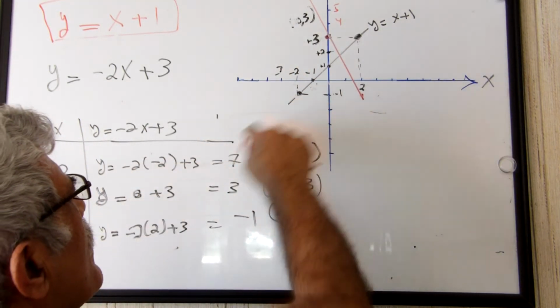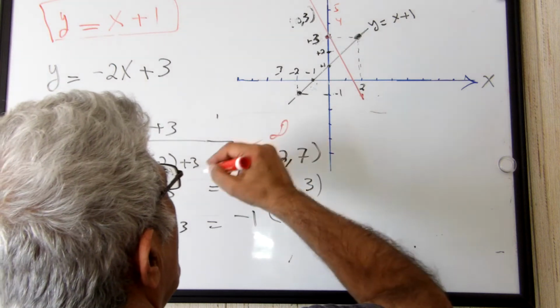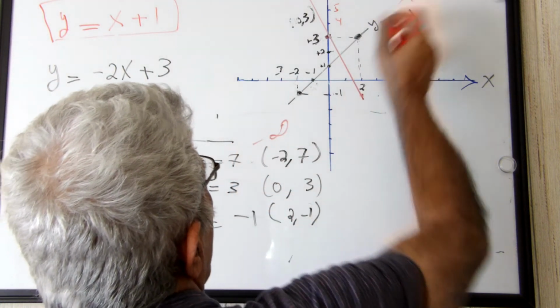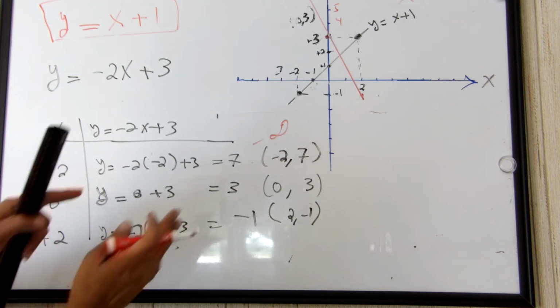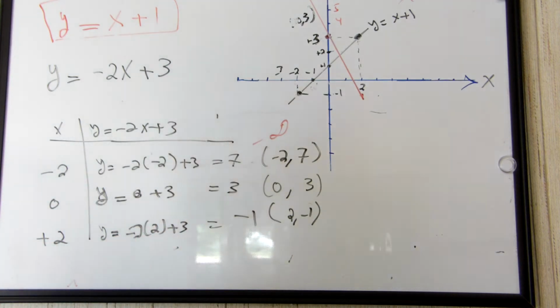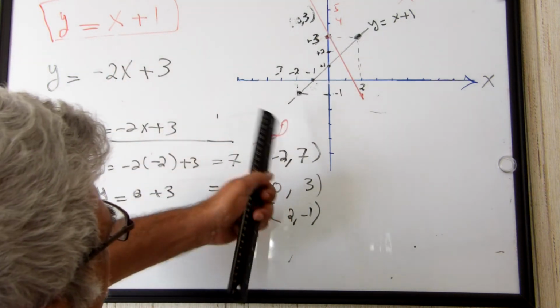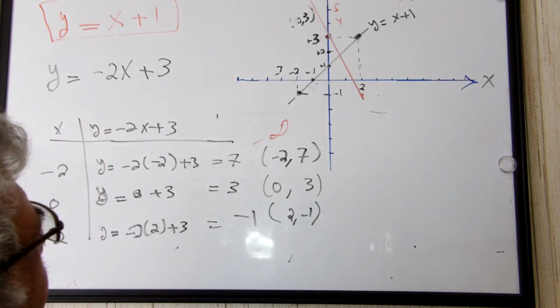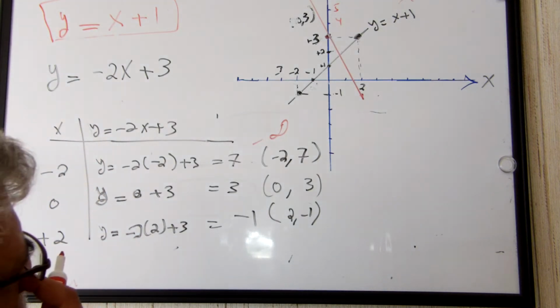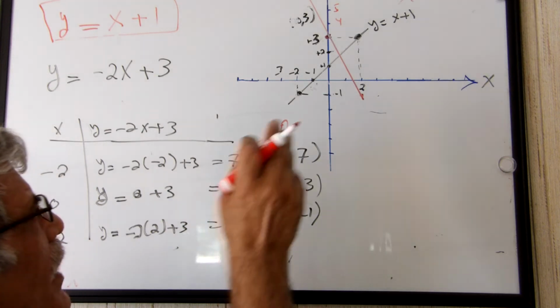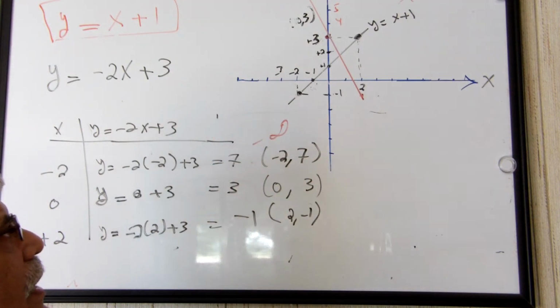This line is going from minus infinity to plus infinity. I mean, you can give any value to x, from minus infinity to plus infinity, and you get a y value for that.